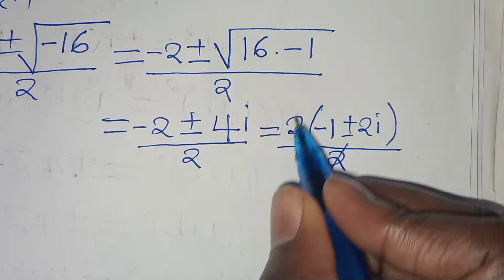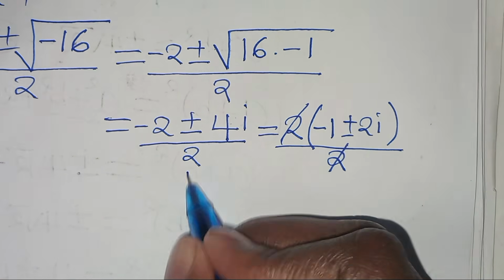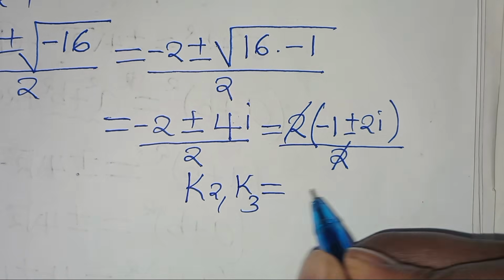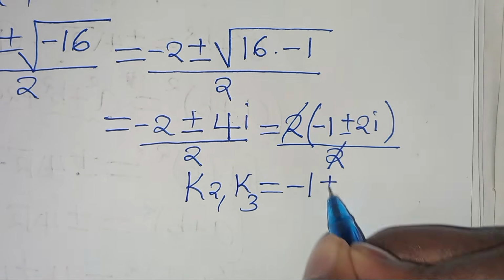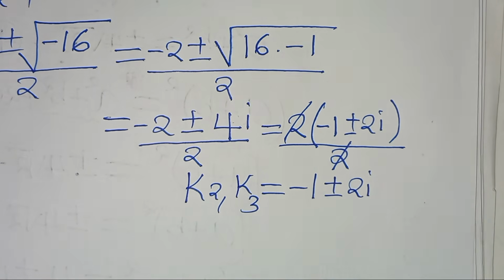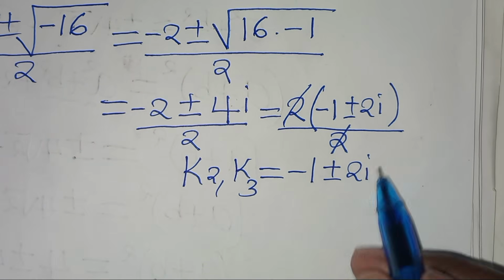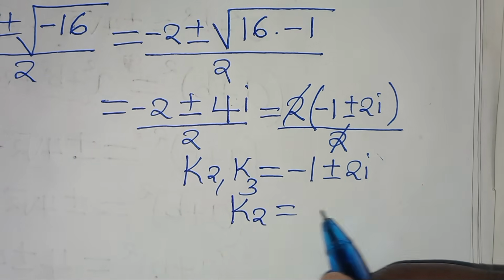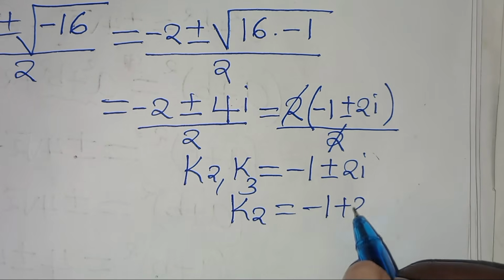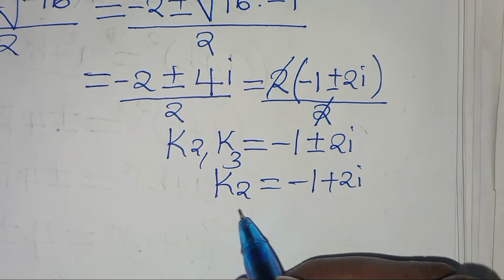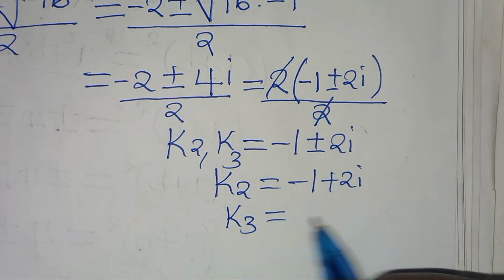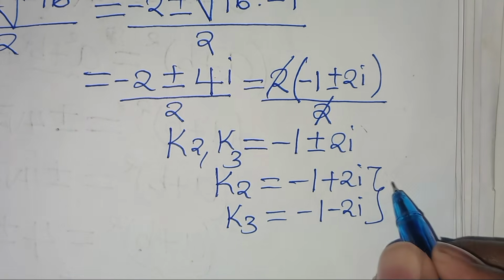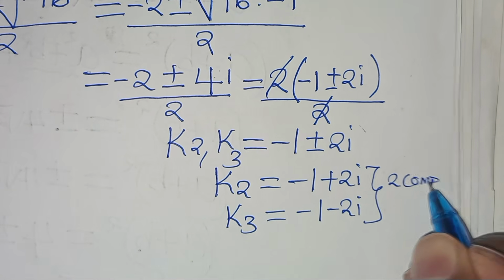So let's simplify 2 here, so that now k2, k3 is equal to minus 1 plus or minus 2i. So we have two complex solutions. We have that k2 is equal to minus 1 plus 2i, and k3 is equal to minus 1 minus 2i.